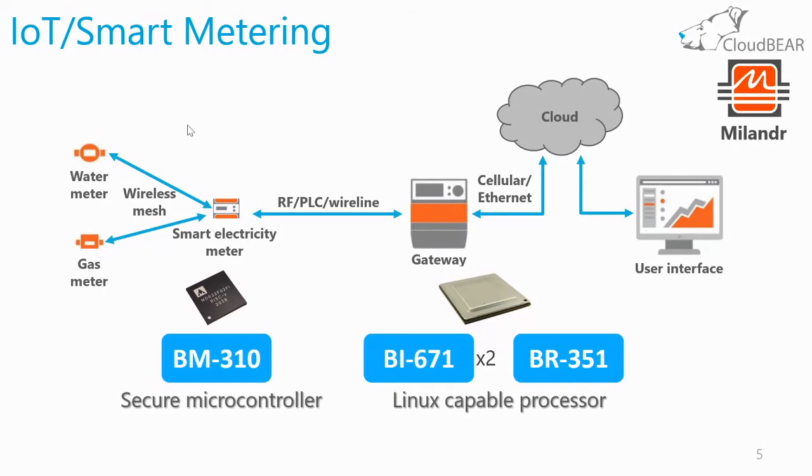And currently under development, in the last phase, is a Linux-capable processor, which will be based on the dual-core BI671 auto-grade CPU and using BR351 as a management and security providing processor.